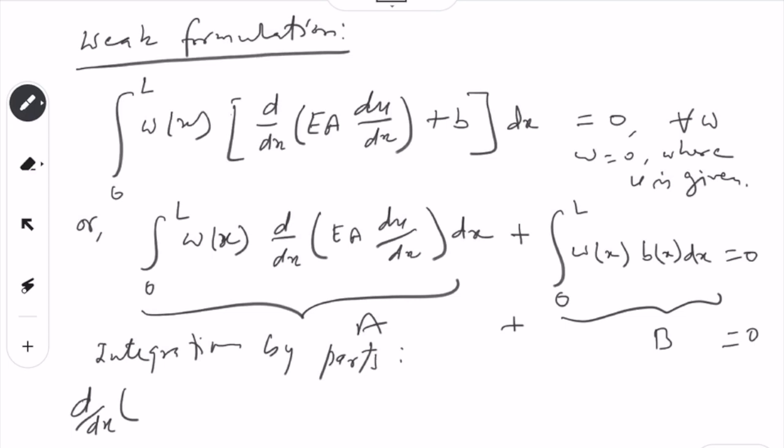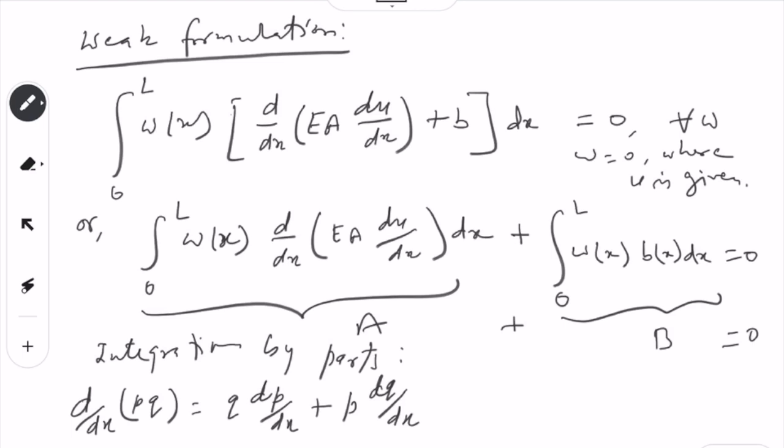So, d of p times q over dx is equal to q times dp over dx plus p times dq over dx.